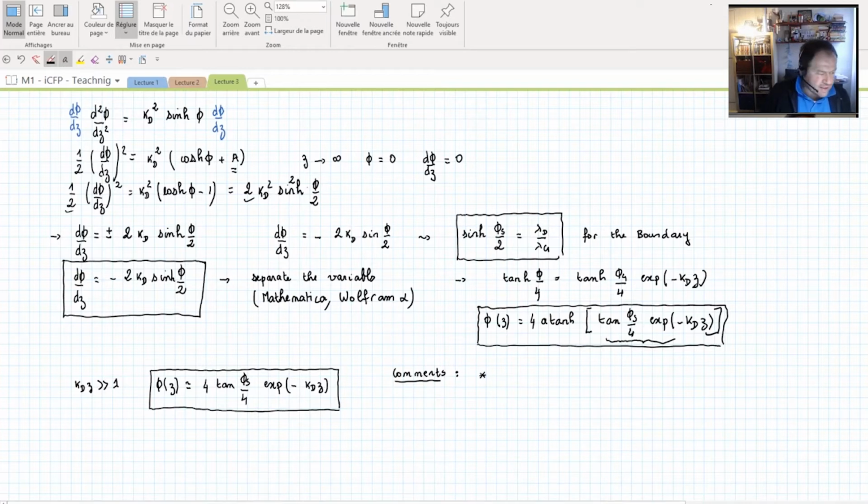the first comment that I will make is that if we are not too close to the surface, if we are far from the surface, we recover a potential which decreases exponentially with respect to the distance, exactly like in the Debye-Hückel approximation.